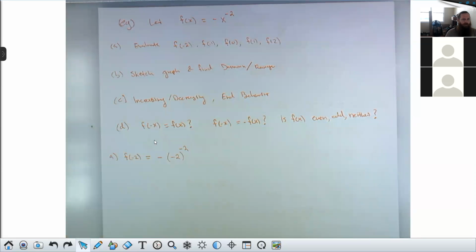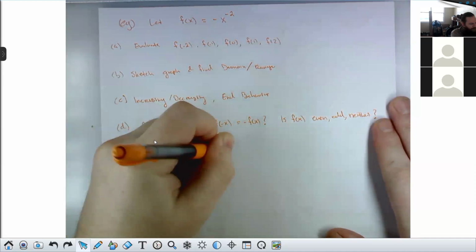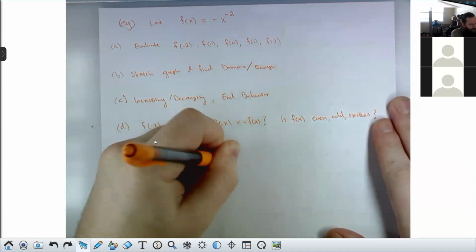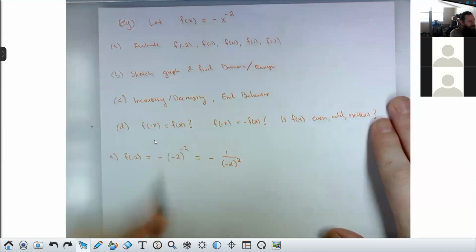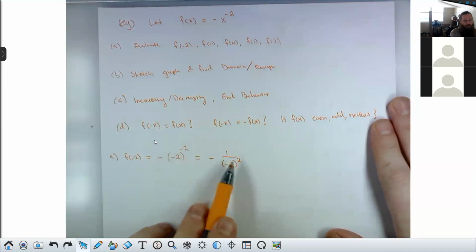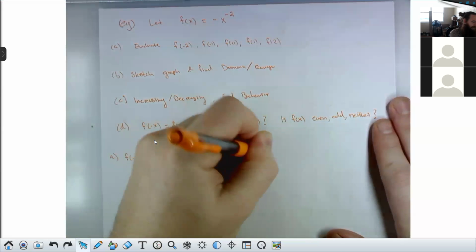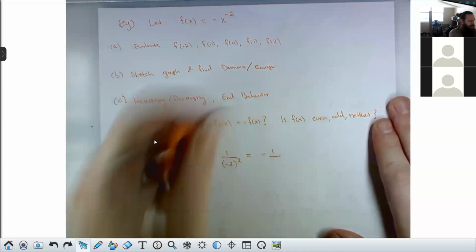Now I could feed this to my calculator, but that's the lazy way to do it. This is the same as -1 over (-2) to the +2, right? This power here says put it downstairs and raise it to the positive version of me. And now this is -1 over, what is (-2) squared?